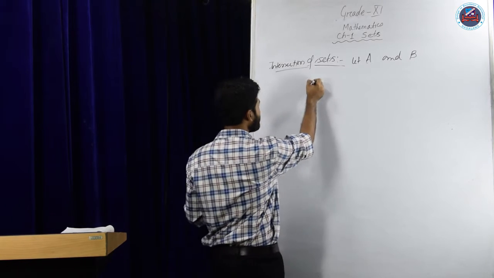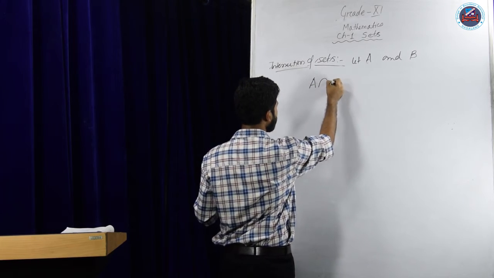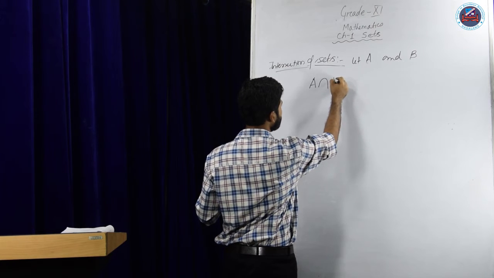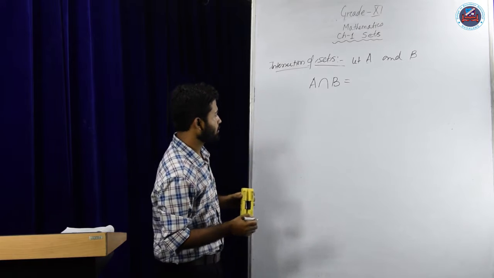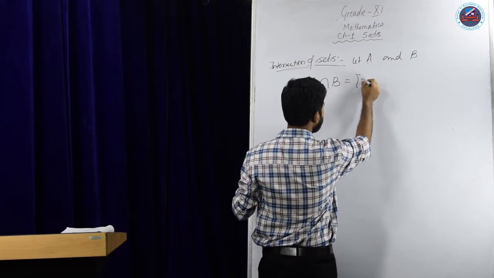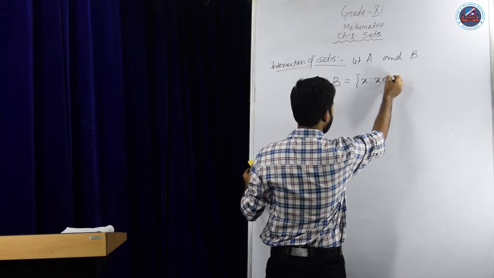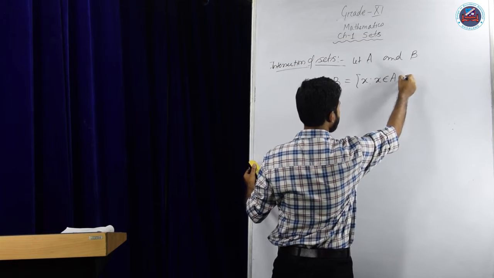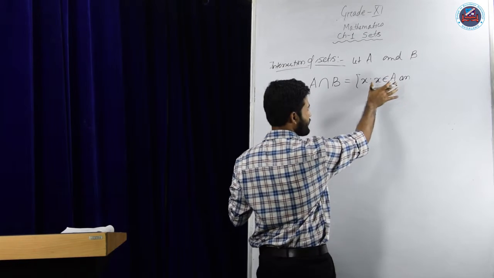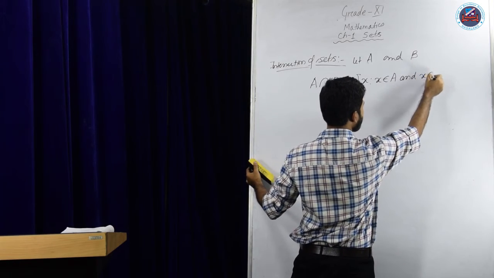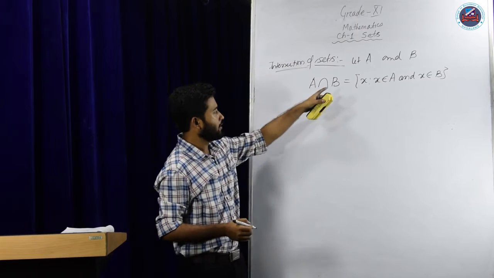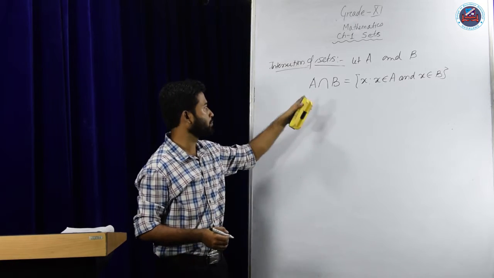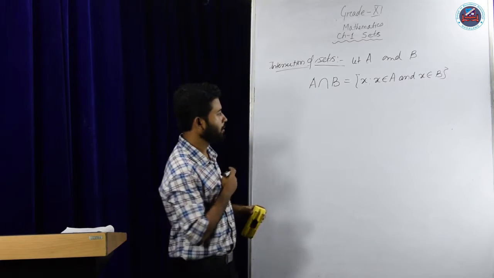Then intersection is written like this with the inverted U. This is called the intersection. So the elements will be {x such that x belongs to A and x belongs to B}. That means the elements must be common to both the sets. It must belong to both the sets.